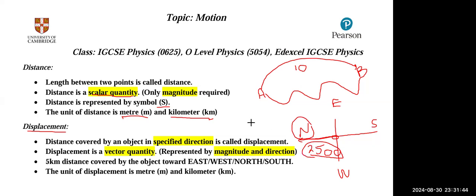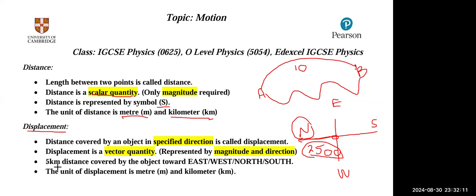In that case we will use the word displacement. We will not use distance here. Displacement is a vector quantity, so we need magnitude and direction. But in the earlier case there is no specified direction. You are changing the direction at every point, so we can say the length from A to B is a distance, not a displacement.